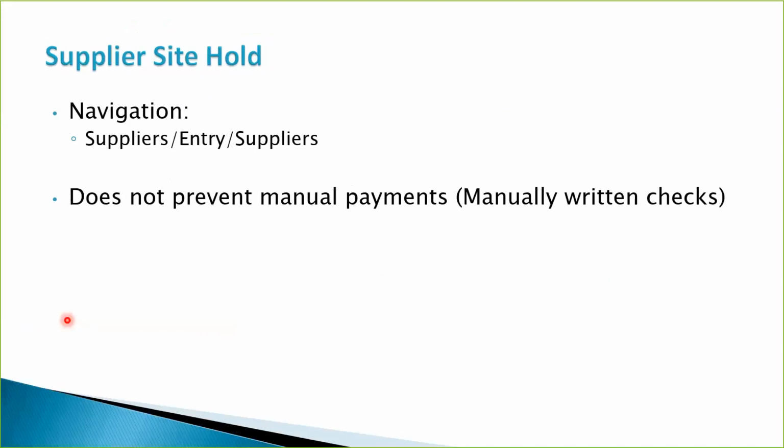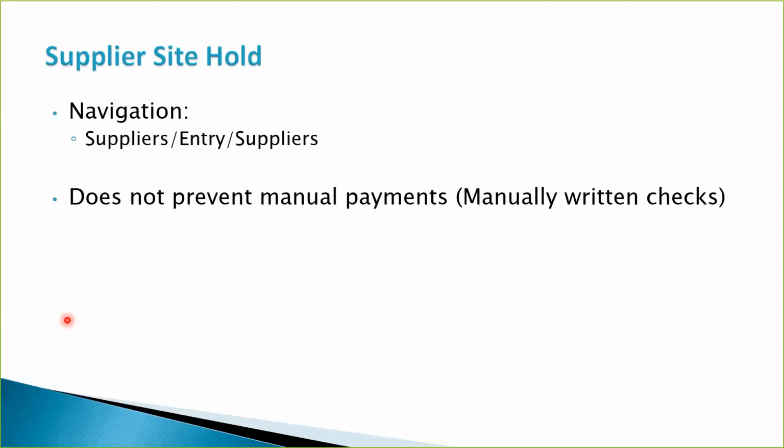At the supplier site level, we have this option of putting a hold on invoices. And as we are going to see, when you put this hold, you have three options on which invoices are going to be affected once this hold goes into effect. So you can put a hold on all the invoices at the supplier site.